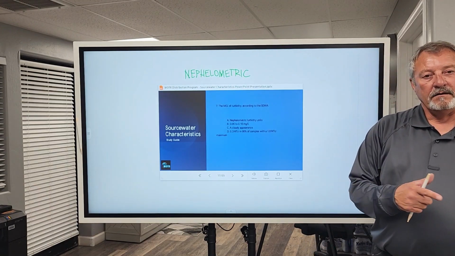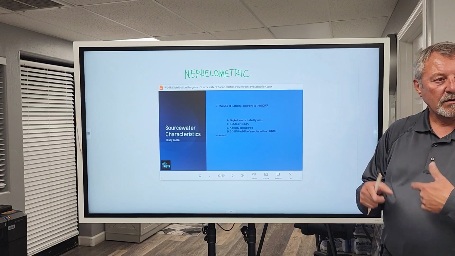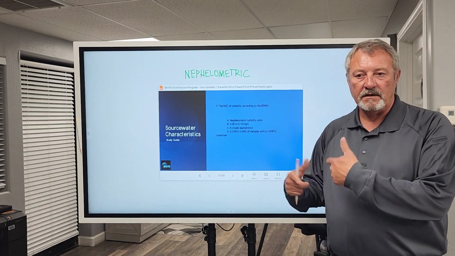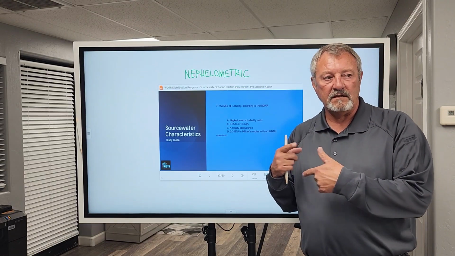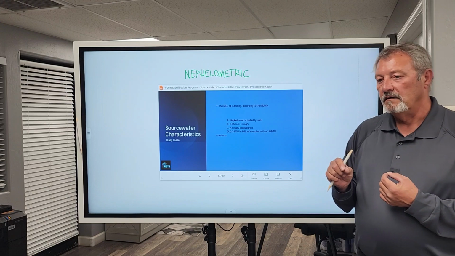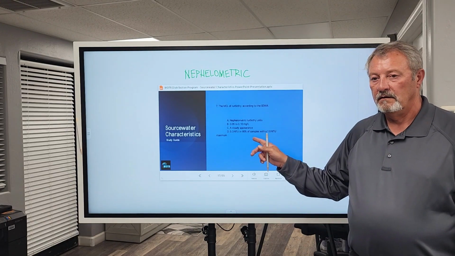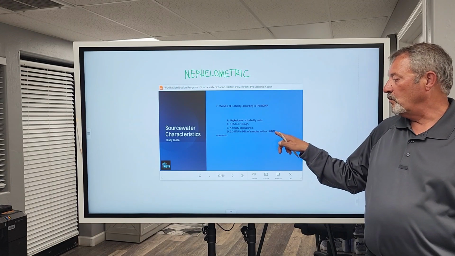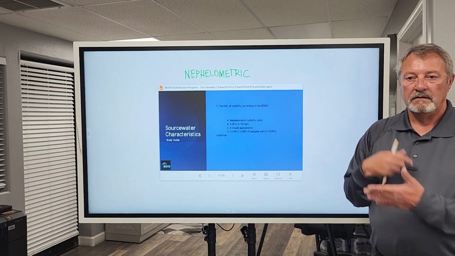So in a surface water treatment plant, typically, we have a meter that's constantly pulling samples and testing the treated water, looking for turbidity. And if it exceeds 1 NTU, it's automatic.